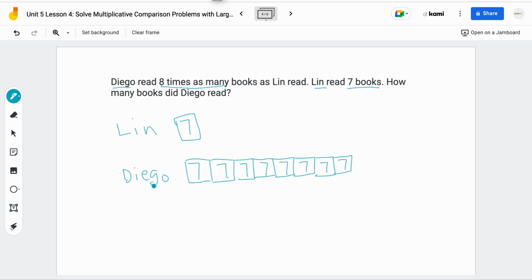So Diego, 8 times as many as 7 because Lynn read 7 books. And Diego read 8 times as many as 7. So if we add this up or multiply it, the multiplication equation will be 8 times 7 or 7 times 8.